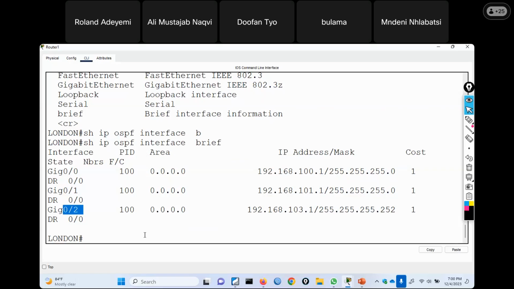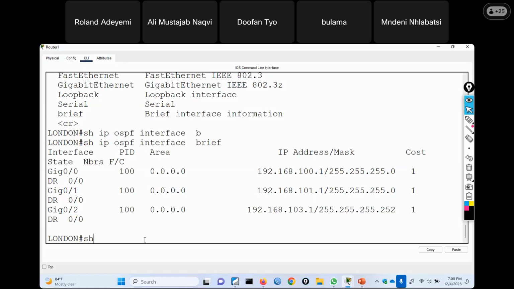Because the networks on those interfaces, I advertised them inside OSPF in area 0. So sometimes when you don't see a particular network, just find out what's the port ID of that network. Is that port running OSPF? Show IP OSPF interface brief. All the ports on this router that have a connection must show themselves.